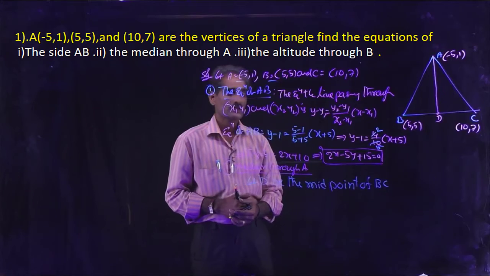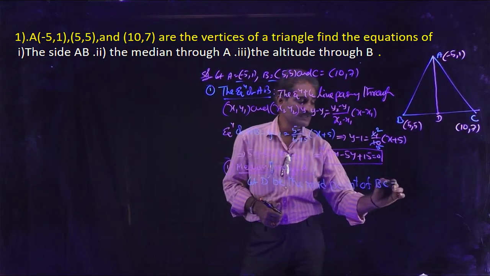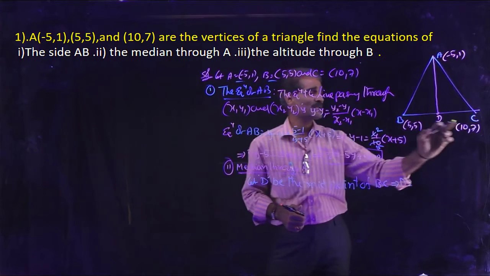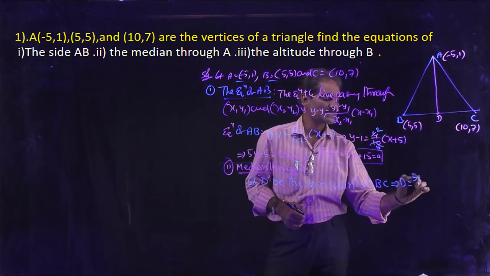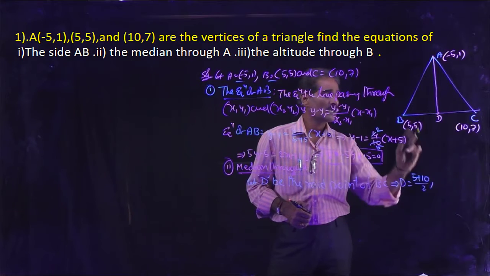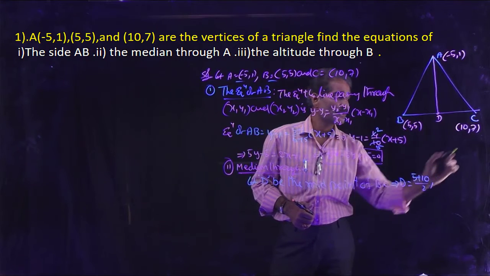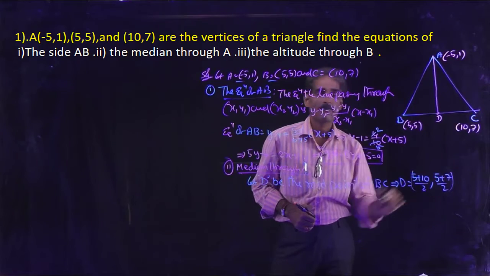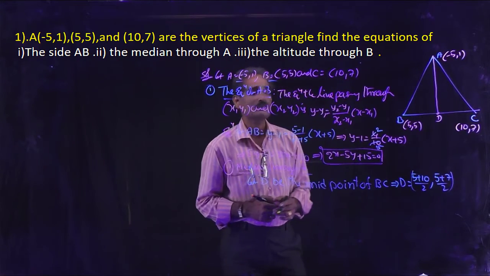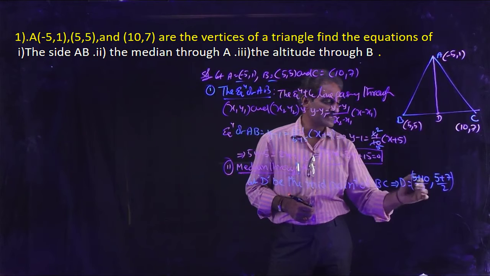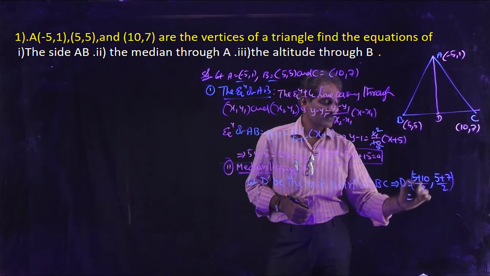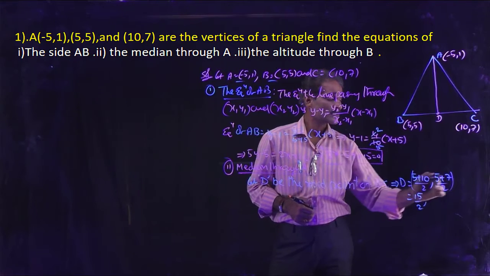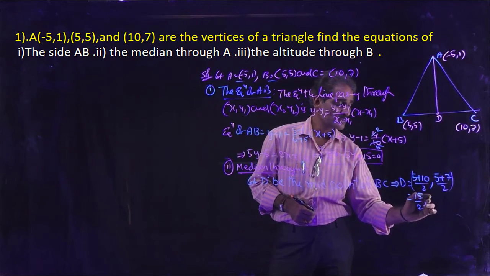This implies D is equal to the midpoint of BC: (x1 plus x2) by 2, (5 plus 10) by 2, comma, (y1 plus y2) by 2, (5 plus 7) by 2. These are the coordinates of the midpoint of BC, that is D is equal to (15 by 2, comma, 5 plus 7 is 12, by 2, which is 6).